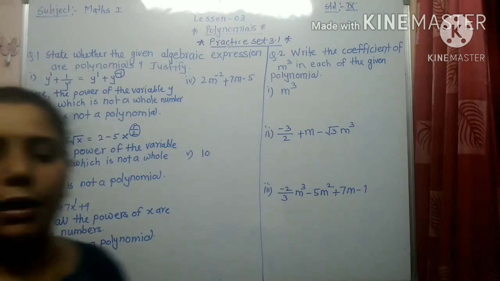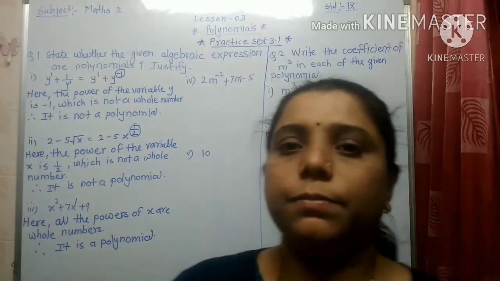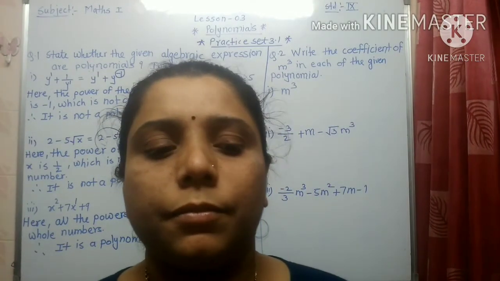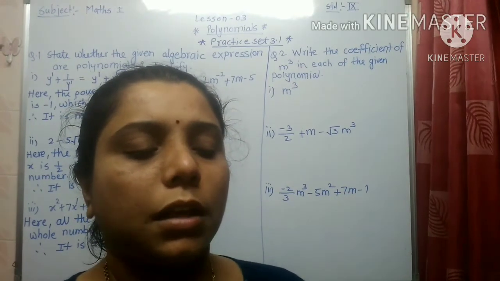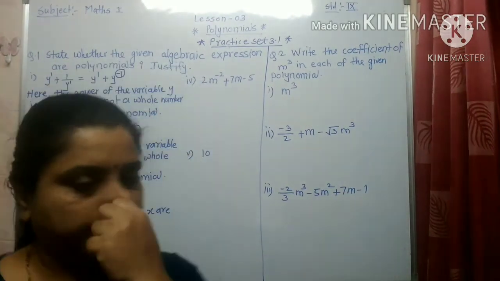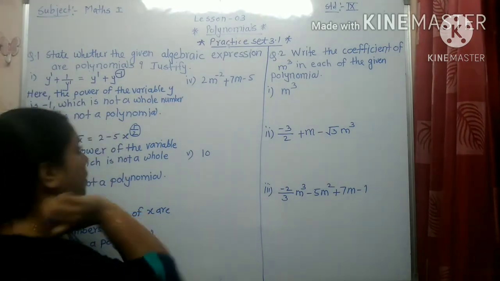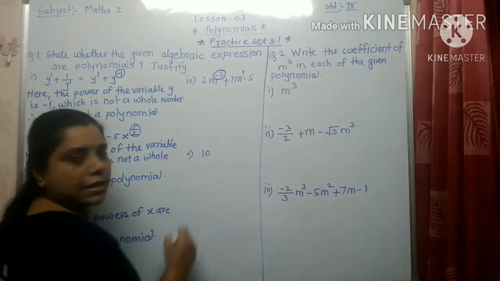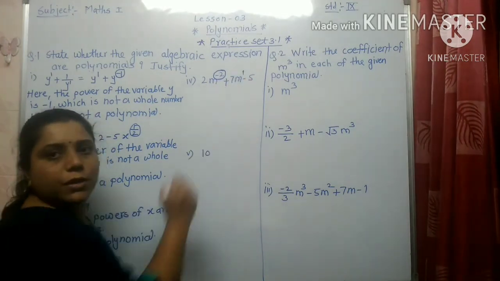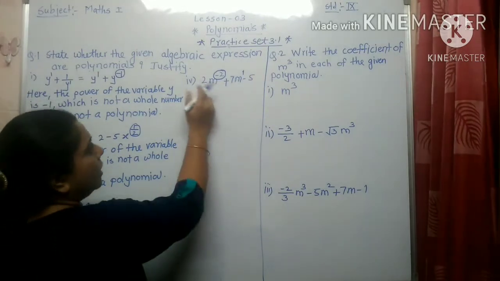Any doubt, any difficulty? Now let us go to the next one, the fourth one. Now see the fourth one. Here you are observing the power is -2. Here 1 is there, but here -2 is there. So how to write it here?